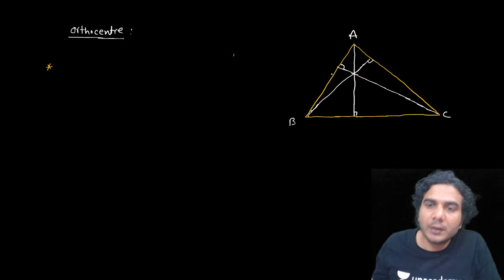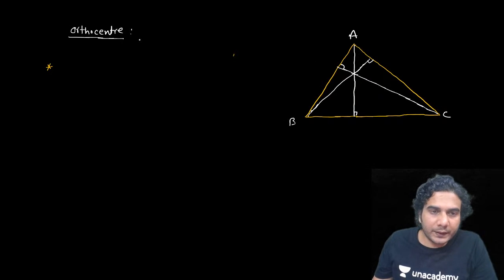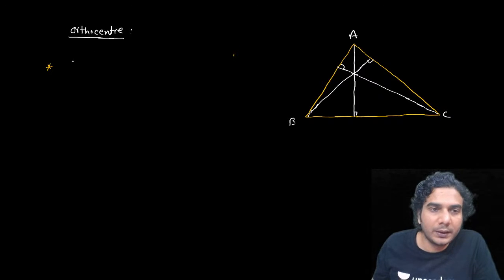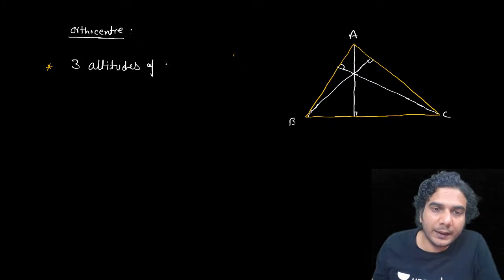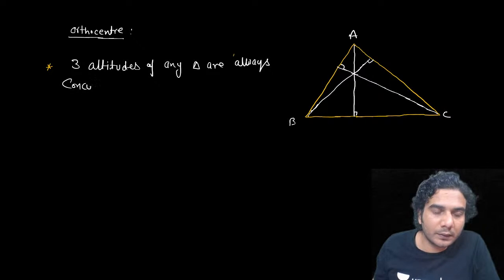So three altitudes of any triangle are always concurrent at a point.